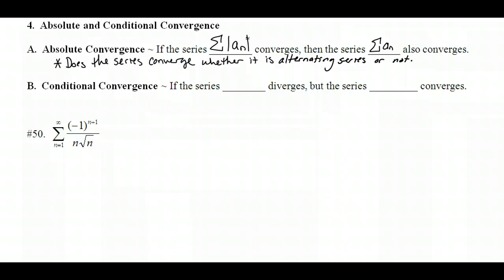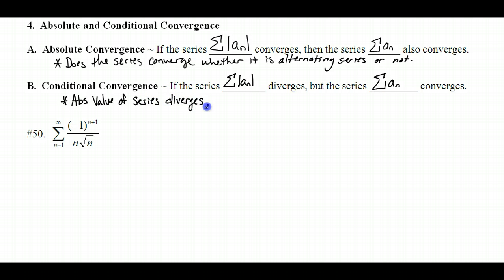For conditional convergence, what that basically means is if I look at my series and take the absolute value of it, and that diverges, but if I make it an alternating series, then it can converge. So for conditional convergence, we'll write in here: the absolute value of the series diverges, but the alternating series converges.